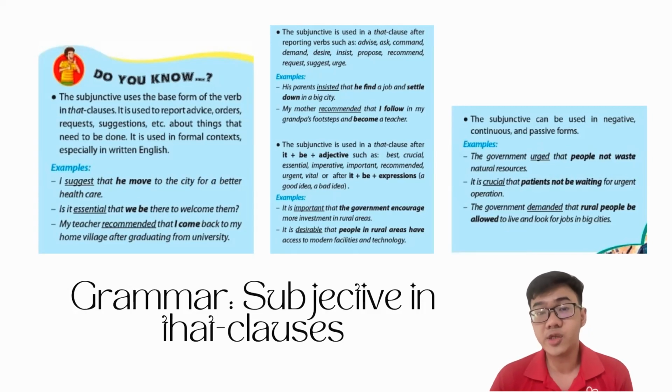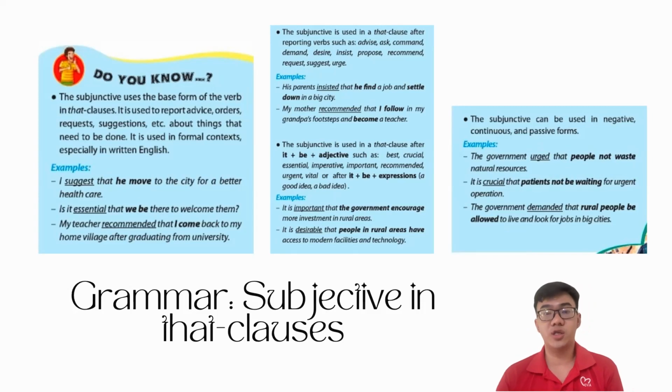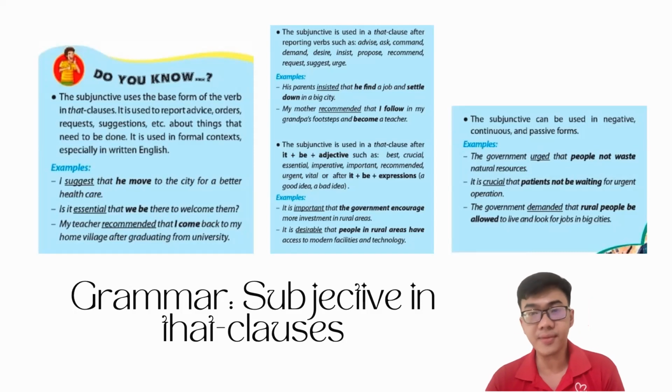The subjunctive is used in a that-clause after the structure it plus be plus adjectives such as best, crucial, essential, imperative, important, recommended, urgent, vital, or after the structure it plus be plus an expression like it's a good idea or it is a bad idea. For example, it is important that the government encourage more investment in rural areas.